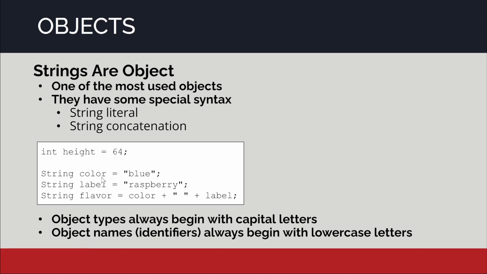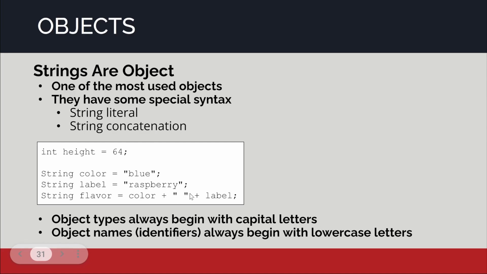But this literal syntax that we use for strings is just what we've seen all along, where we have the double quotes and stuff in between. This actually is creating a new object, and then this assignment operator assigns it to the variable called color. And then string concatenation, this is actually this line down here where it says color plus a string that just has a space in it, plus a string that has the word raspberry in it.